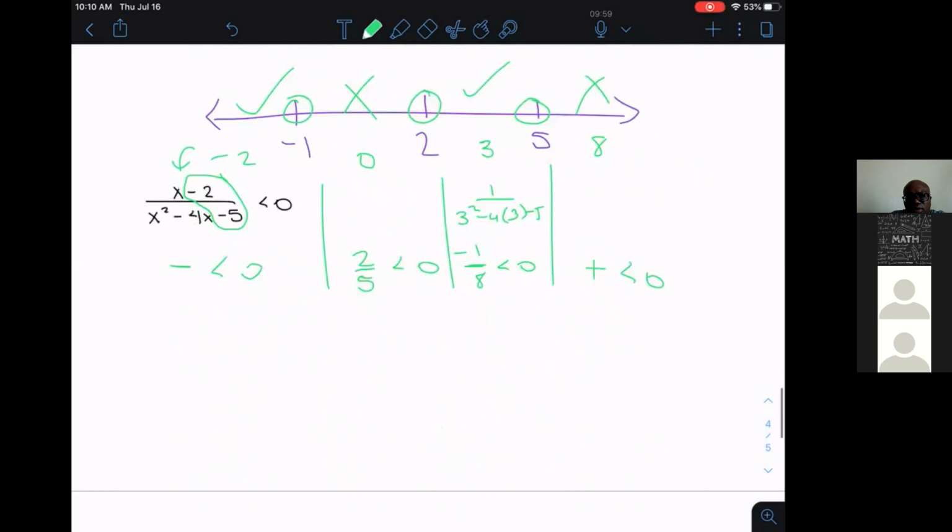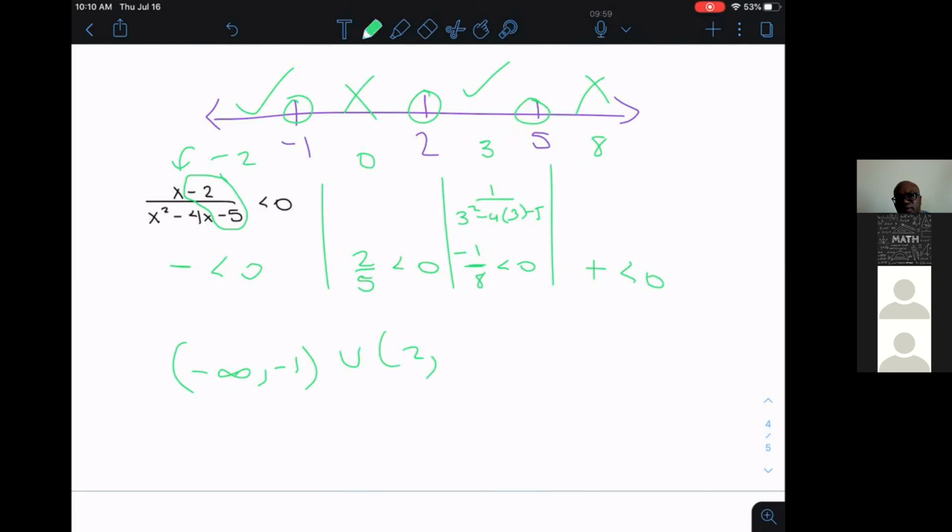So the only intervals that we get are from negative infinity, starting from the left-hand side, up until negative 1, and that's not included. We're going to skip over this area because this interval was not included, and then we're continuing at 2 and going up until 5.